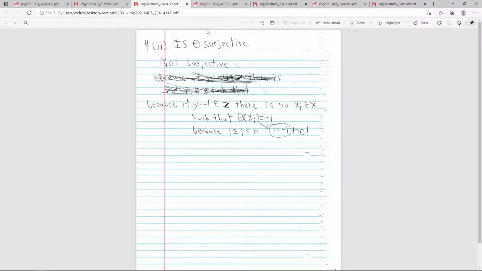Is theta surjective? Not surjective, because if y equals negative 1 is in Z, there is no xi in X such that theta of xi equals negative 1.